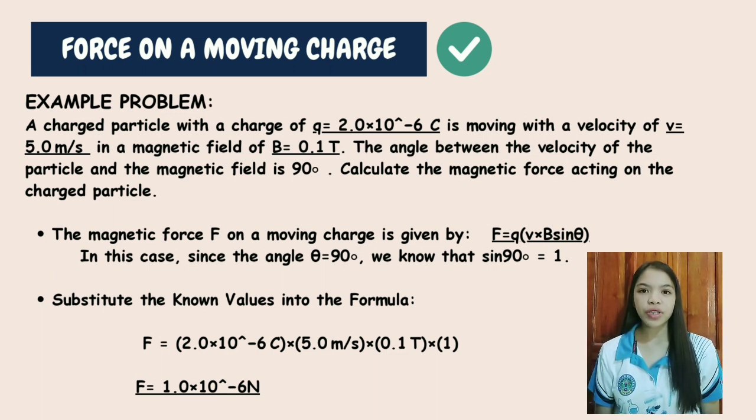The magnetic force on a moving charge is given by F equals Q V B sin theta. In this case, since the angle is 90 degrees, we know that sin 90 equals 1. Substituting the known values into the formula gives us F equals 1.0 times 10 raised to the power of negative 6.